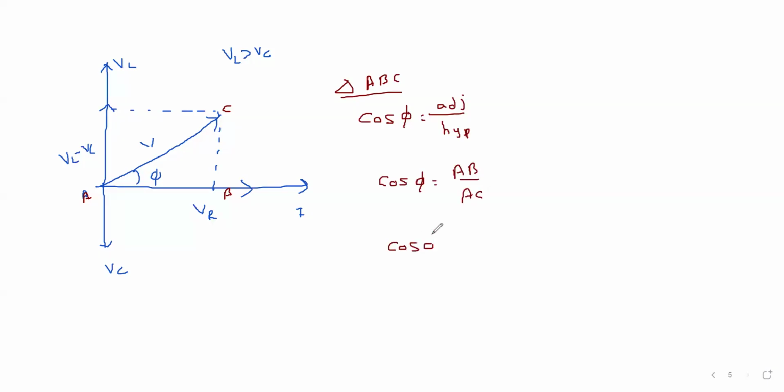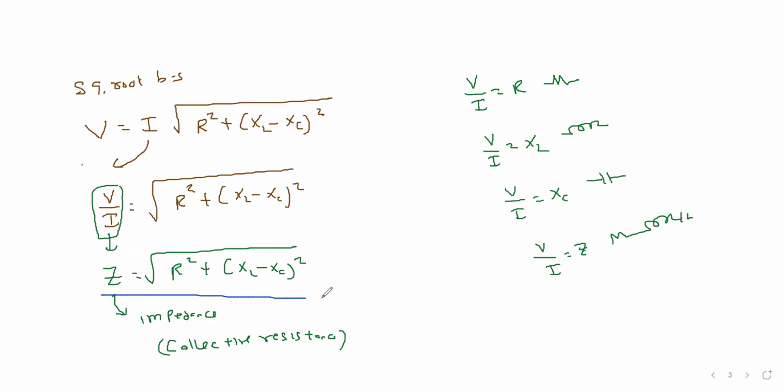So cos phi is equal to VR by V. As per Ohm's law, VR is I into R and V is I into Z. Here I cancels. So cos phi is equal to R by Z. This is one formula. If I want to put the full value of Z, you can take the Z value from here. Z is nothing but square root of R square plus XL minus XC whole square.